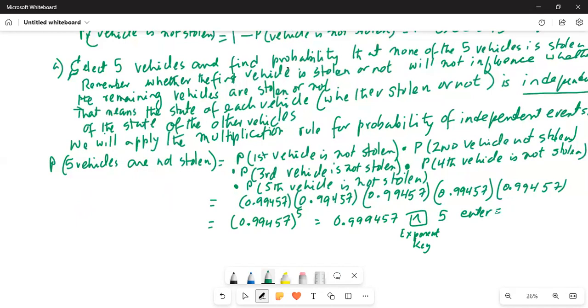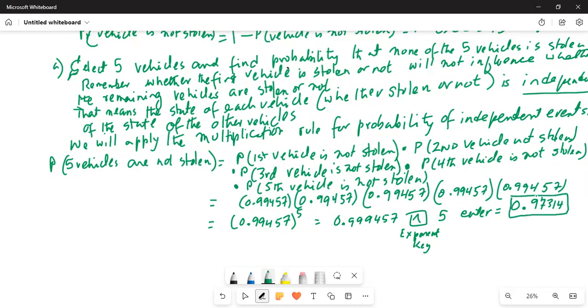And the answer is 0.99457 exponent 5 is equal to 0.97314. So that's your final answer.